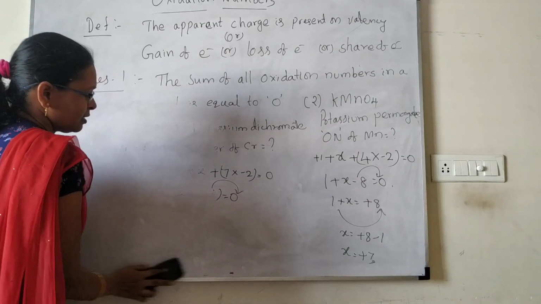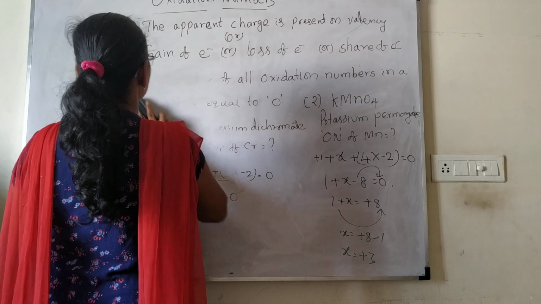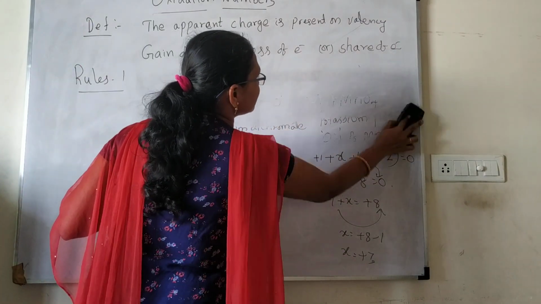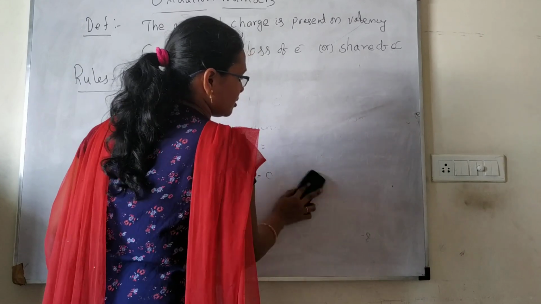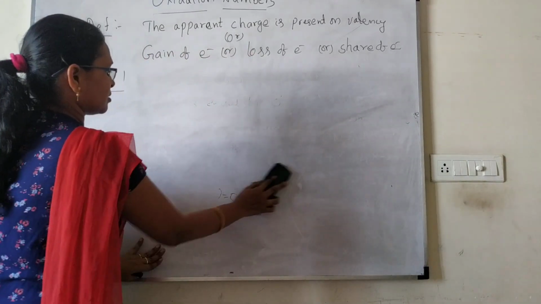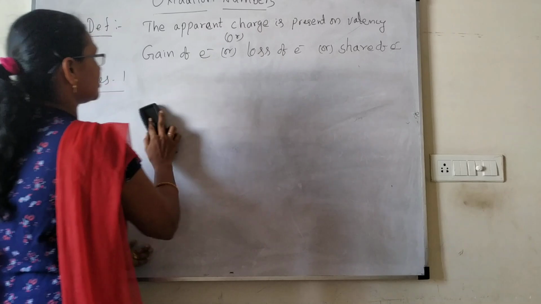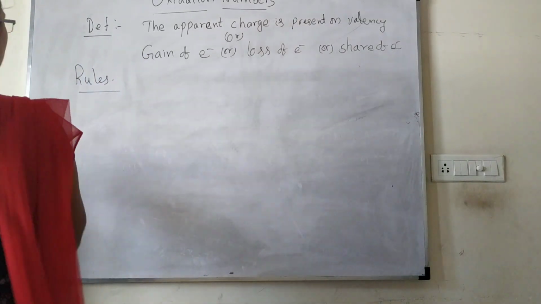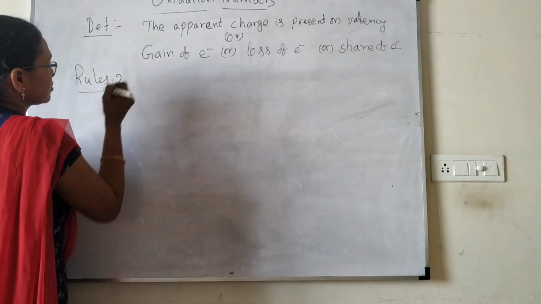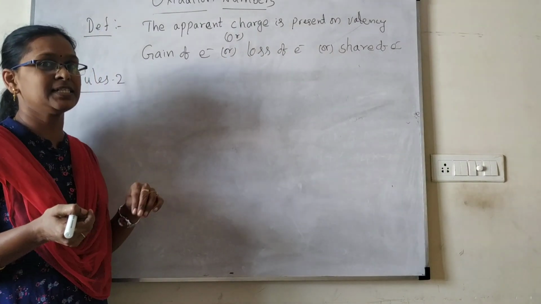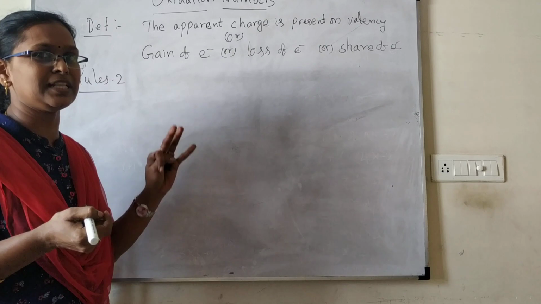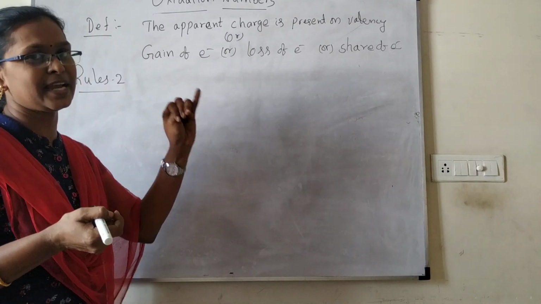Rule 2. When we discussed the classification of elements, elements are classified into metals, non-metals, metalloids and noble gases, right?